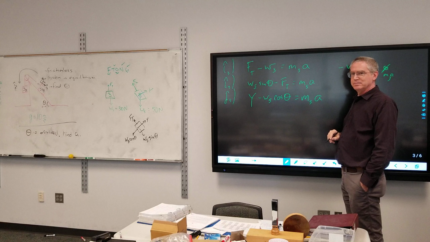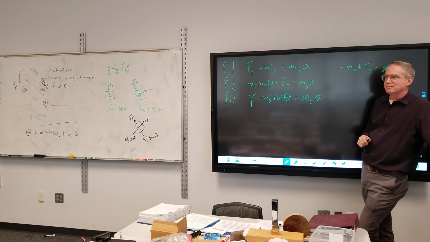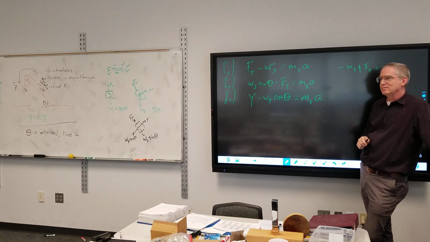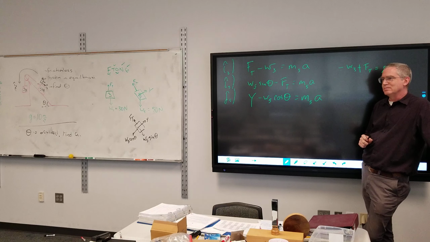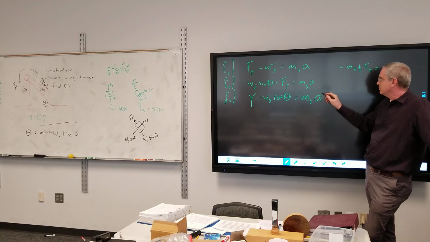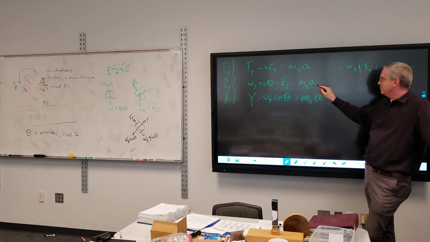Like that? What's wrong with this? We need to mark our acceleration for I hat and J hat, because it'd be different on different axes. Okay, so I can call this 1 and 2.